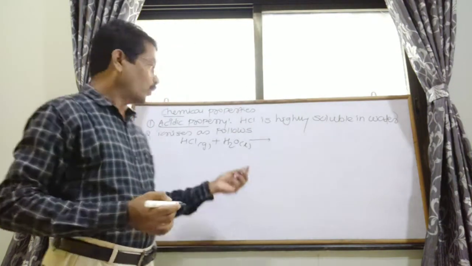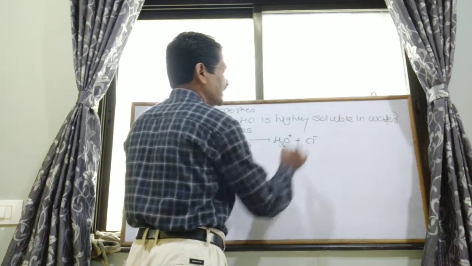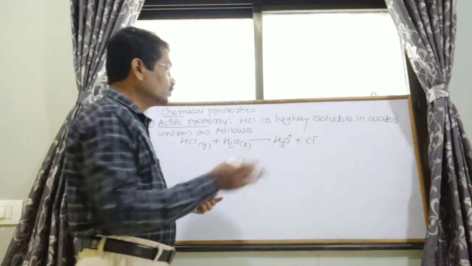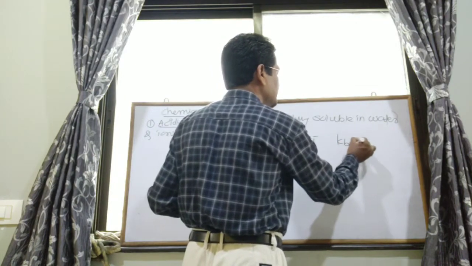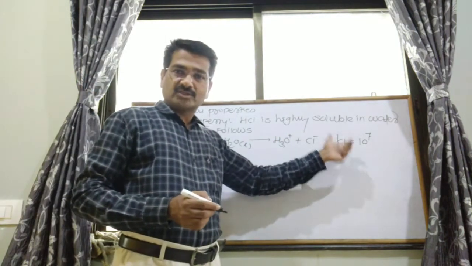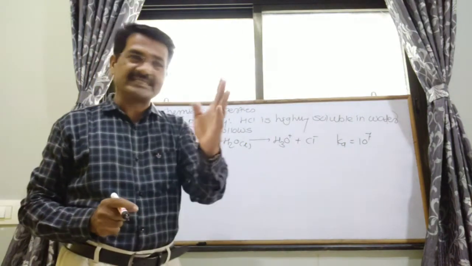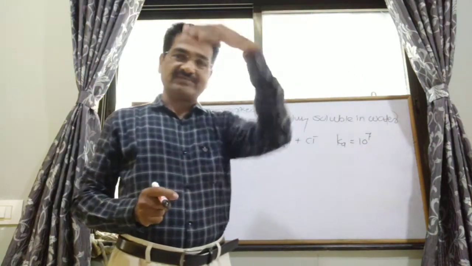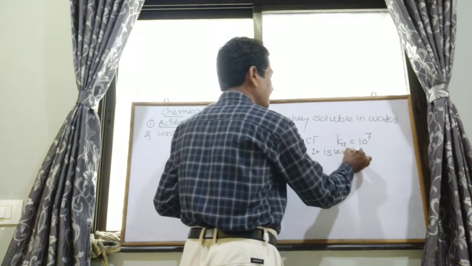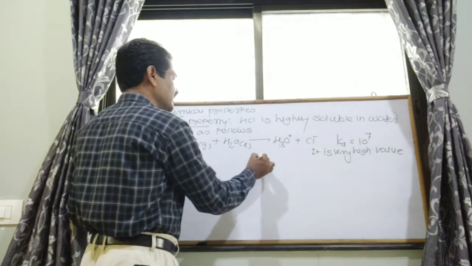HCl is dissolved in water to form the hydronium ion H3O+ and Cl- ions. Whenever it dissociates completely, the dissociation constant Ka of that acid is equal to 10 raised to the power 7. It is a very high value of the dissociation constant.